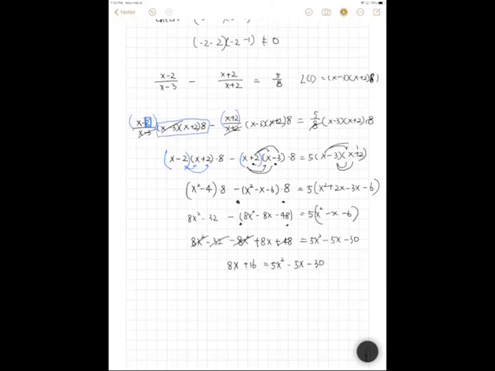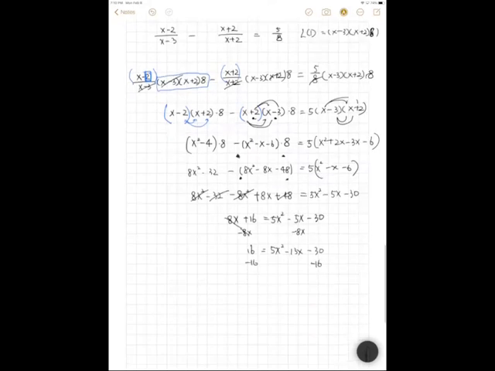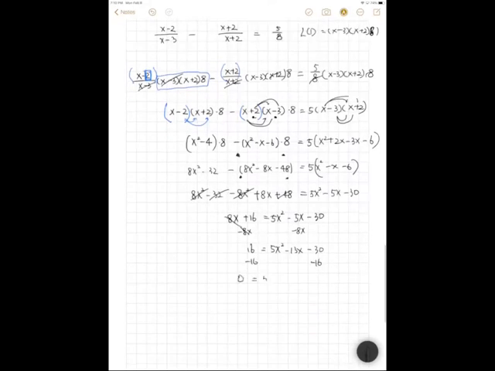And then we want to set the equation equal to 0. So I subtract 8x on both sides, and then subtract 16 on both sides. And then we use what?